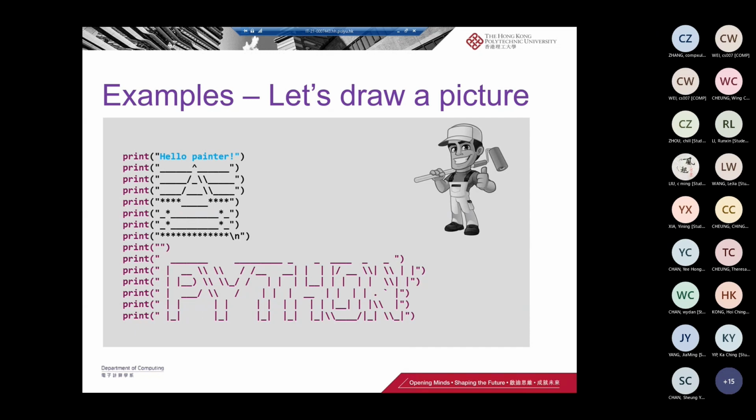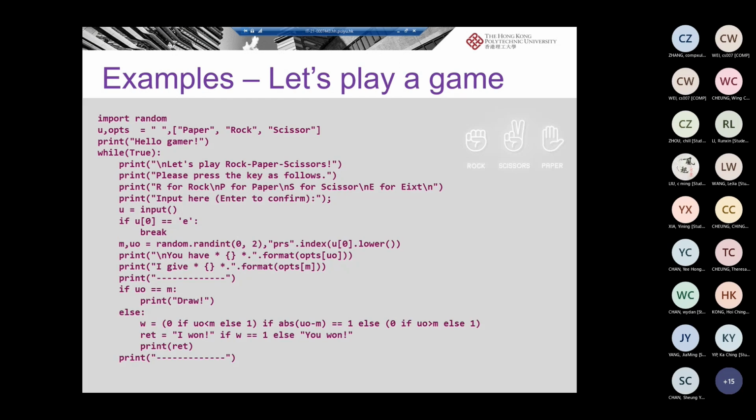Because as I mentioned, this is a programming language. This is not 0 and 1 machine language. So it's easier for you to guess what's happening. The print is the most intuitive one. We're printing something on the screen. So this might be a little bit complicated.